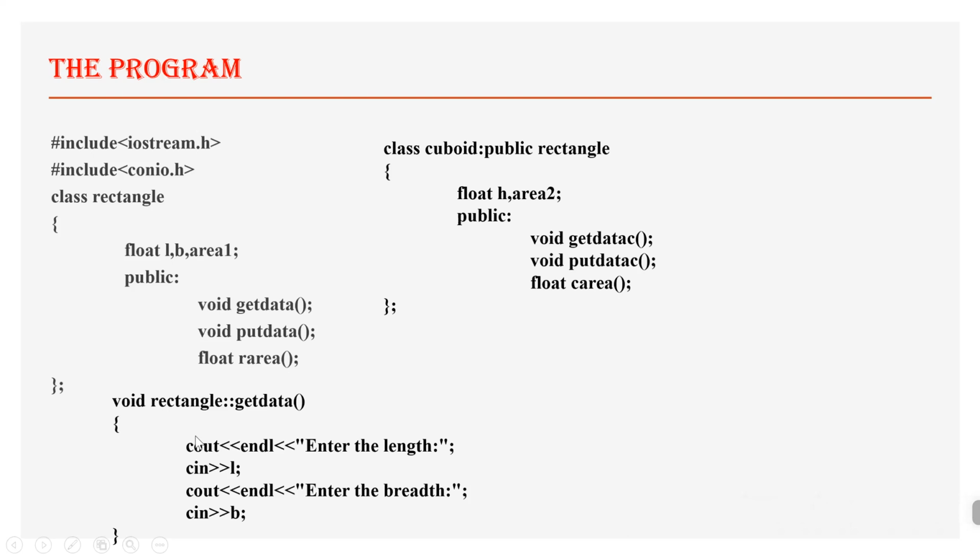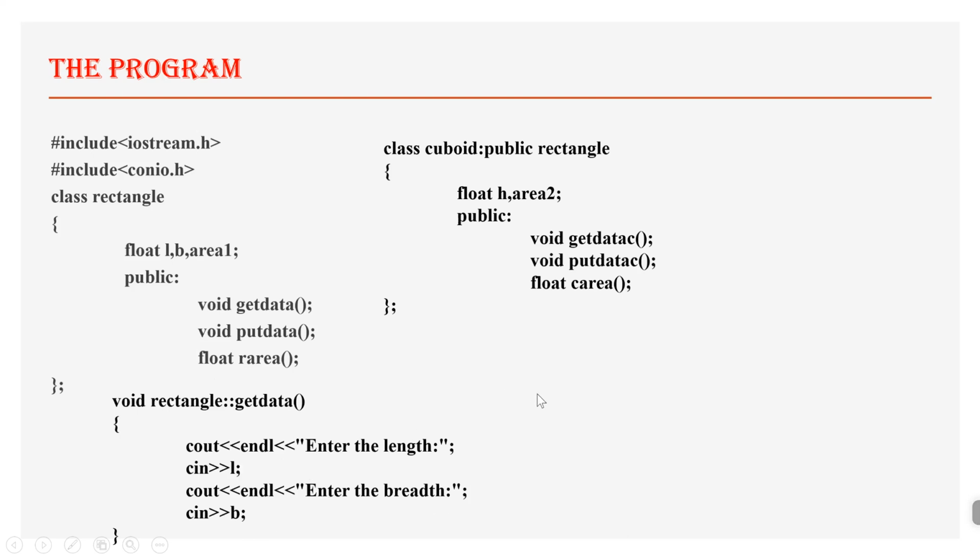Now, let me read the value for L and B using rectangle get data. It's as usual. Enter the length, read L, enter the breadth, read B. So using get data, void rectangle, scope resolution operator, get data, I am reading L as well as B, length and breadth.